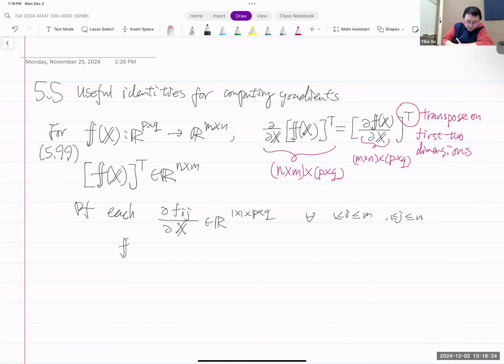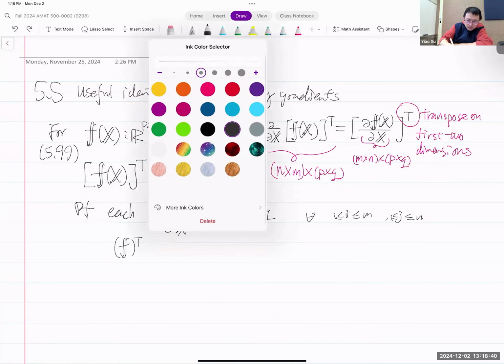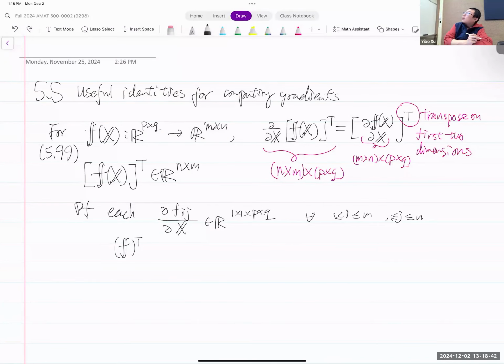So now for F transpose, I'm just omitting the argument x. F is the output matrix, that's n by n, and now I take the transpose. If I want to put all the things together in the tensor, I just need to get all the entries of the matrix, do the partial, and then stack them all together.